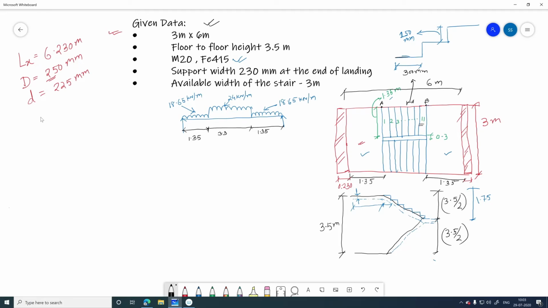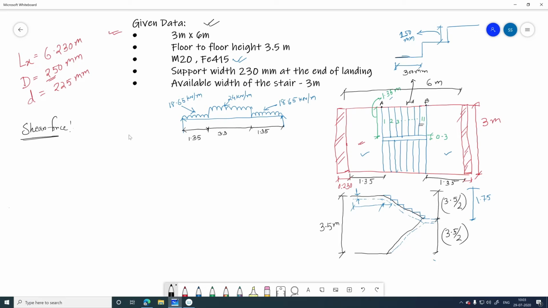So now we will determine the value of the shear force. Okay, so what will be the value of the shear force?